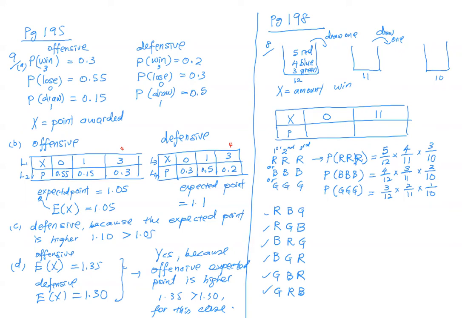And the probability for each outcome, look, it doesn't matter where the red is, where the blue is. The probability will be, the first one is 12, 11, and 10. So red has 5. You draw one red, blue still has 3.